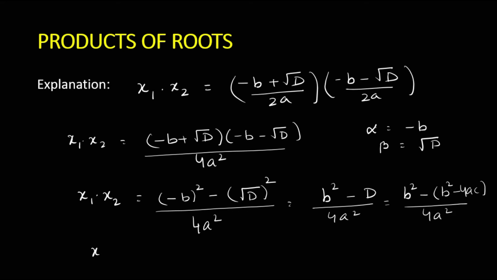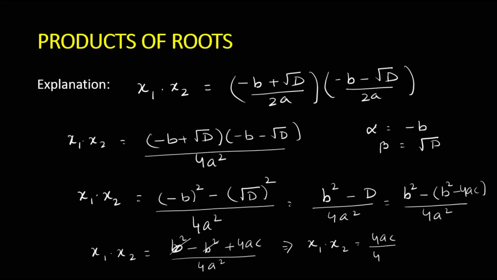So, x1 into x2 is equal to b square minus, if we open the bracket, we have minus b square and minus minus plus 4ac divided by 4a square. Now plus b square and minus b square cancel out, so we can write here product of roots x1 into x2 is 4ac divided by 4a square, which can be written as 4a into a.